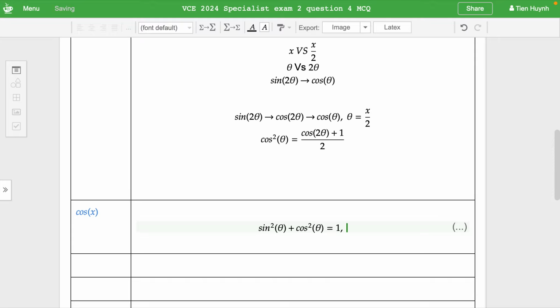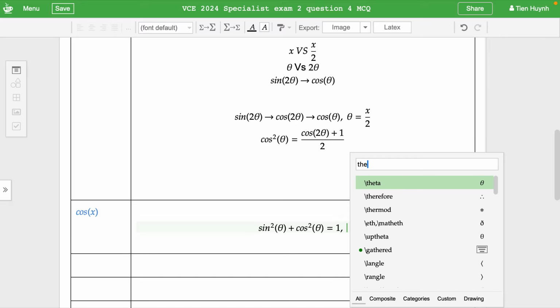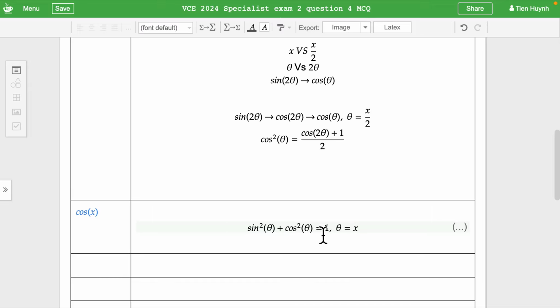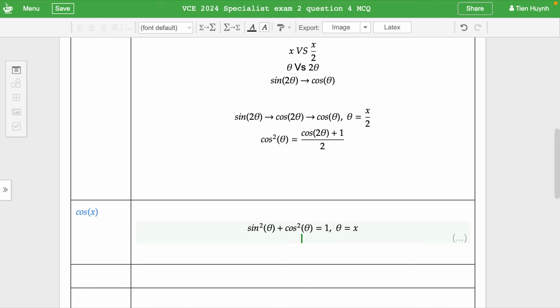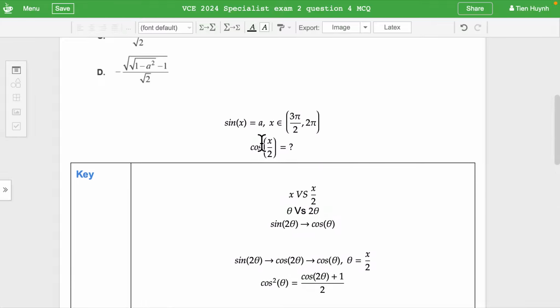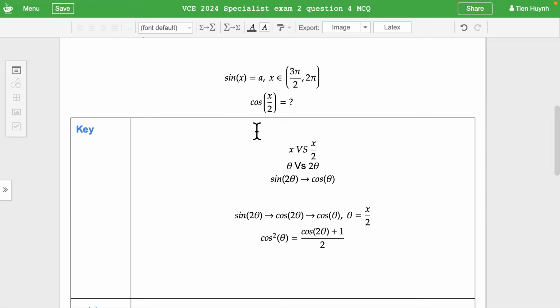In this case theta will be x. Applying this formula, we have cos square of x equals 1 minus sine square of x, and we know that sine of x equals a.